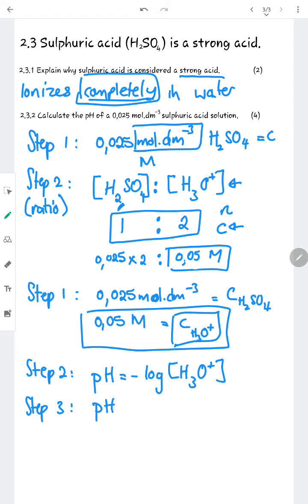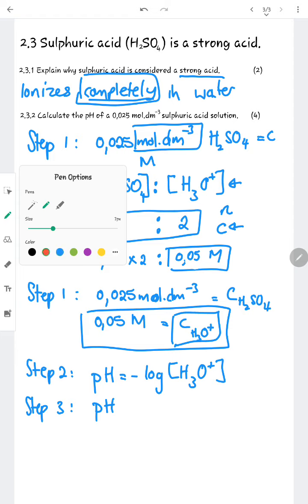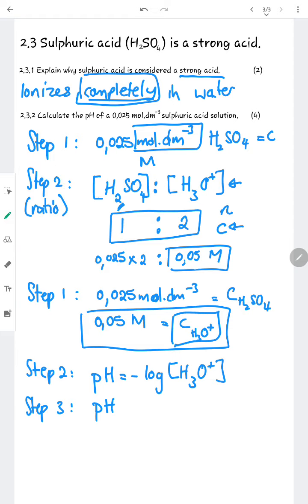Now keep in mind in your step 1 initially over here that you also need to identify the variable you're looking for. So not only do you have your concentration of your sulfuric acid, but the question says, what is the pH? So this is what we are looking for, pH. Right, and there was no formula that looked at concentration of sulfuric acid and pH. That is why we had to go to a ratio.